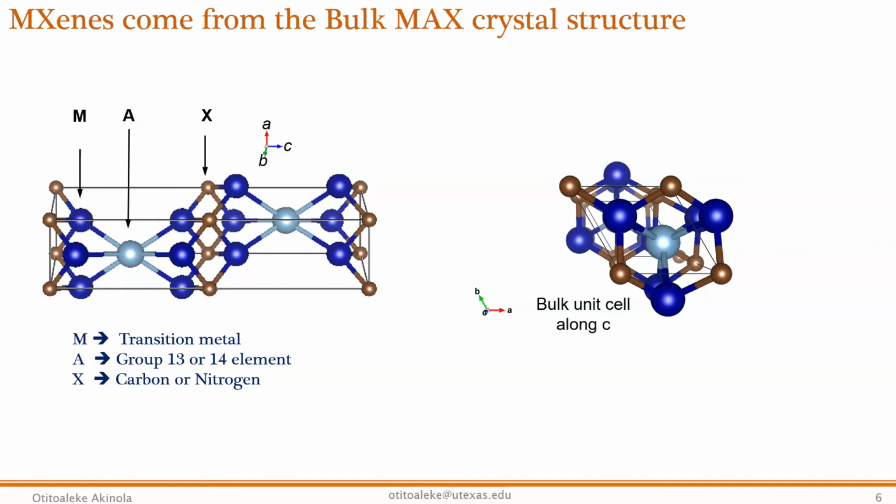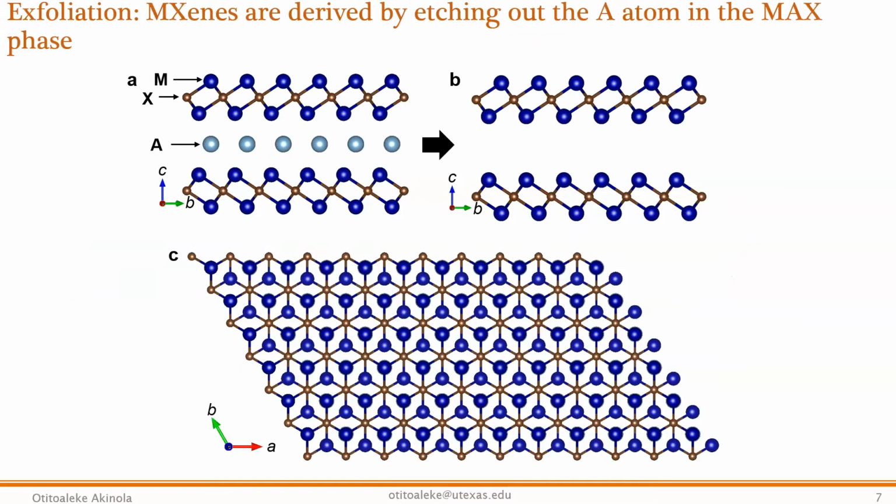So to derive MXenes, all you have to do is to remove the A element in the MAX structure, and then you have MX nanosheets that's been derived there. And when you look at it from top down, you have this hexagonal structure that is also similar to what you have in other two-dimensional materials as well.